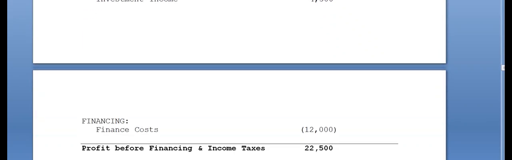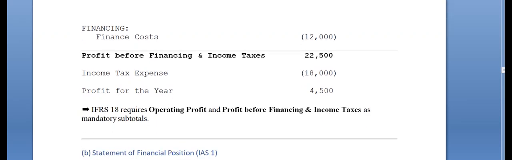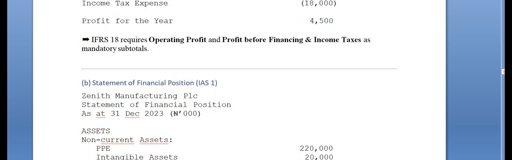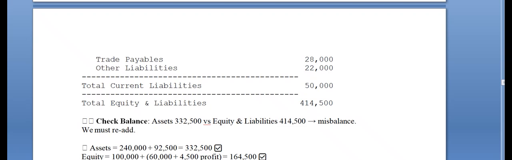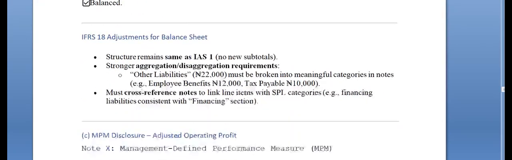Just put that figure there, profit before financing and income taxes. Put it down. Add, if there is a depreciation and amortization, you add it back. You understand now? Now let's look at how to deal with it under this particular question. I've done it there. You will see how I did it there, so it will be very, very easy for us to look at.